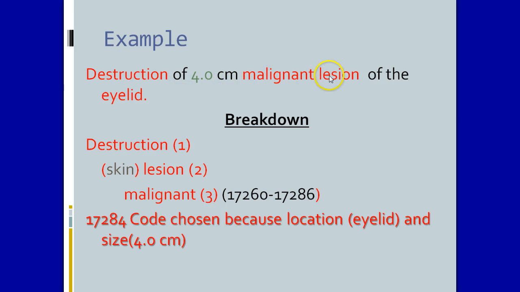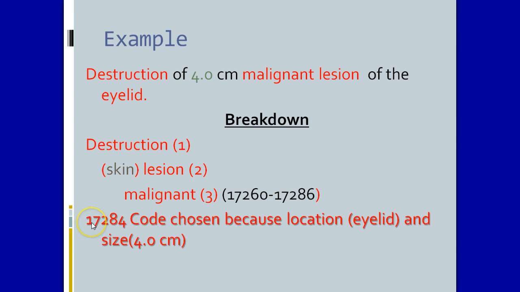Sometimes you can go to the word lesion, and then from there you'll be taken around about a different way, but you may still find your code that way. So if you found it differently, or if you ran into a case similar to this and you found it differently, then that's okay. Kudos to you, because that's fine.